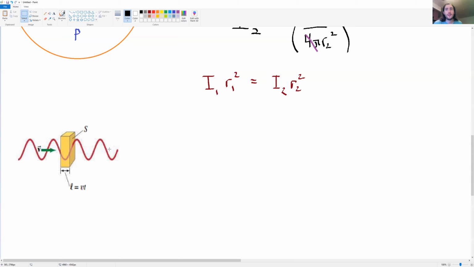And then the depth there of the volume is called L. But whatever the velocity of the wave is, times the time that it travels, that's going to sweep out a region there. So that L value is given by the velocity of the wave times some small amount of t. Really, the book should probably put a delta t here and say that delta t is small. That's probably the proper way to do this, but they don't do that here.